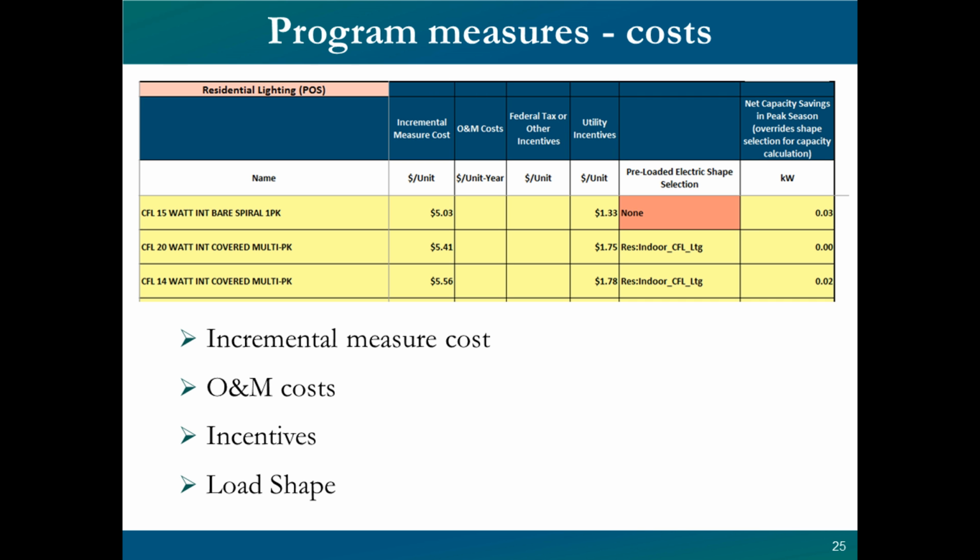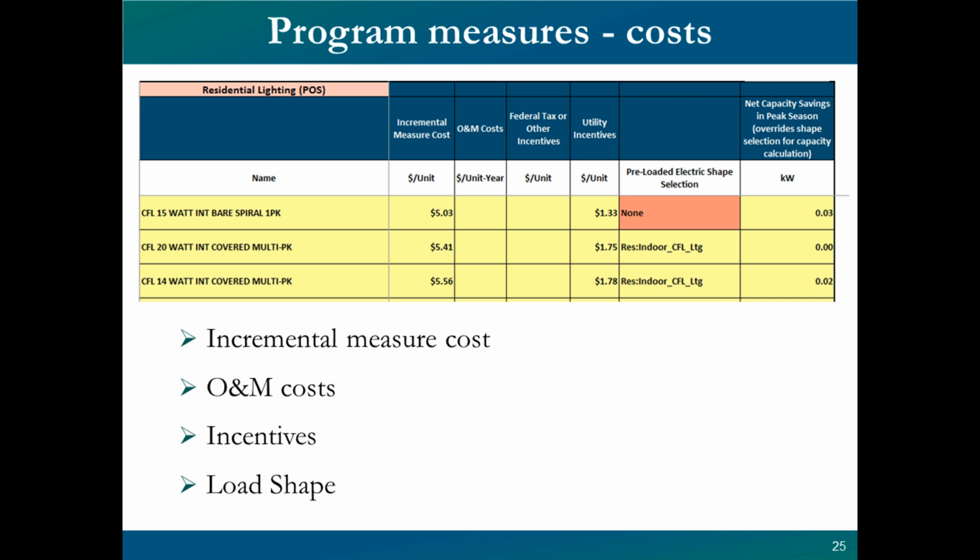Each measure is 1 row and defined by an incremental measure cost, which is how much more this light bulb in this example costs compared to an inefficient or standard light bulb. And then one thing we are highlighting here is, you can enter, so all these cells in yellow can be modified or updated or changed.